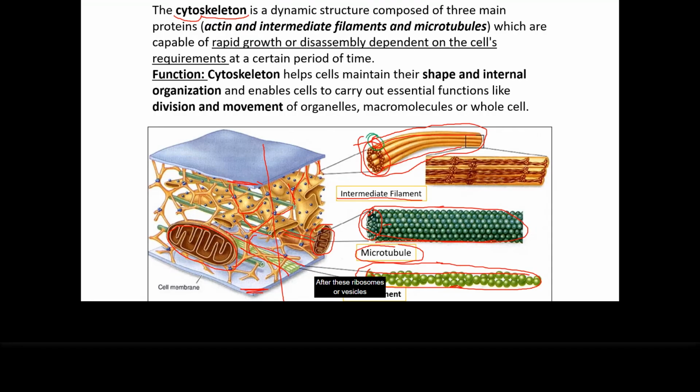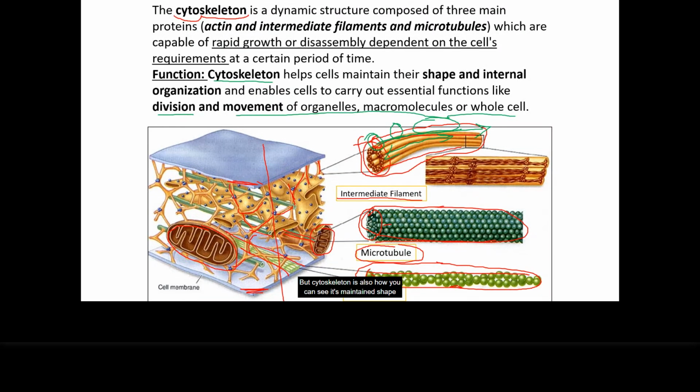After this, ribosomes or vesicles or mitochondria attached to these cytoskeleton tubules can be moved into the area where they are needed. So the functions of the cytoskeleton: one will be movement of organelles, macromolecules, and the whole cell, and division. So when a cell is divided, what was one cell becomes two small cells. Again, we need our cytoskeleton to move everything and separate it to the sides.